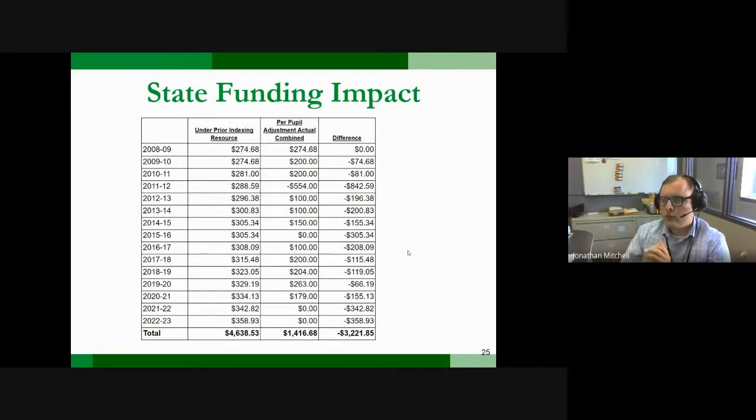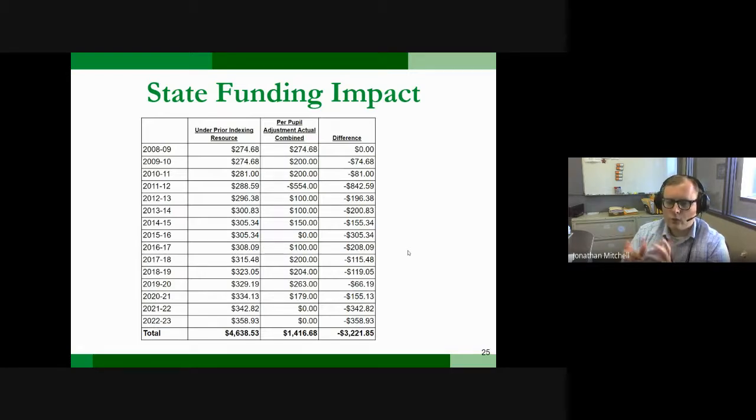Historically, schools were funded under an indexing method that took a per student amount and then indexed it against inflation each year. The statewide average for student revenue was around $10,000 in that 2008, 2009 time period.